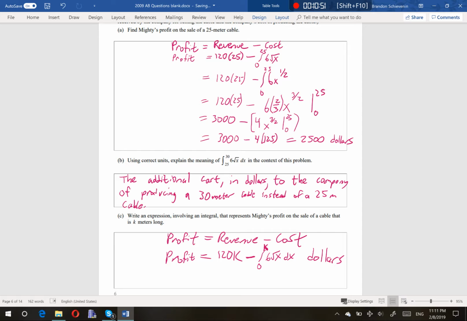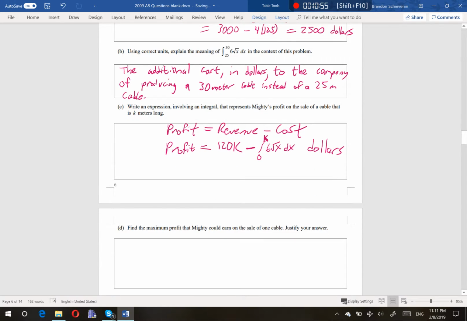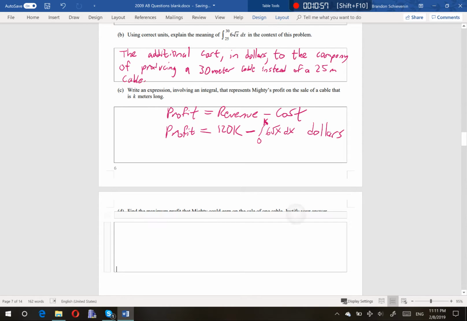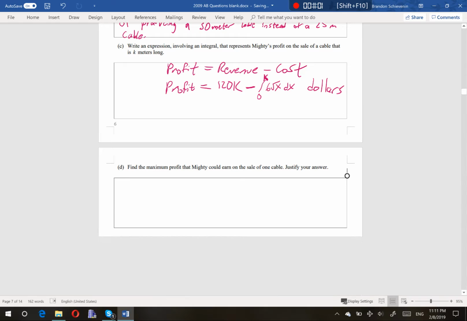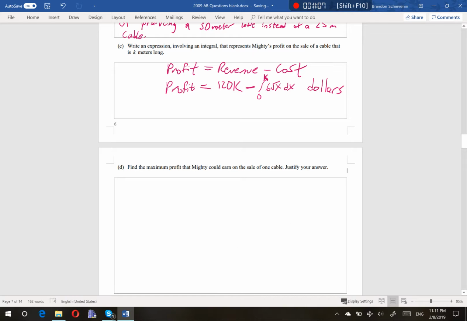Okay. For part D, I want to find the maximum profit that Mighty could earn on the sale of a single cable, and then justify our answer. So we're going to have to maximize this profit equation that we just created.